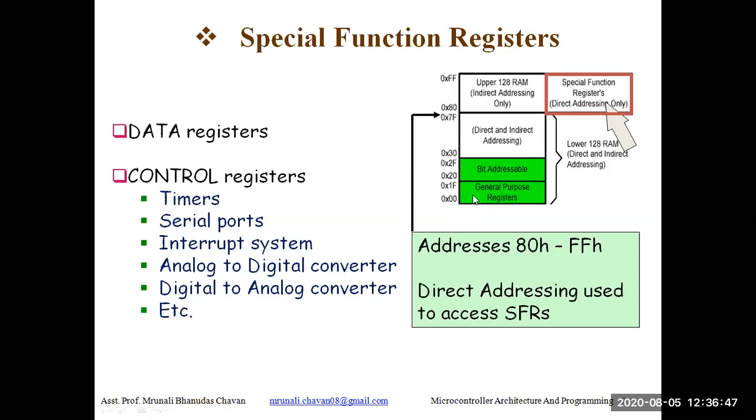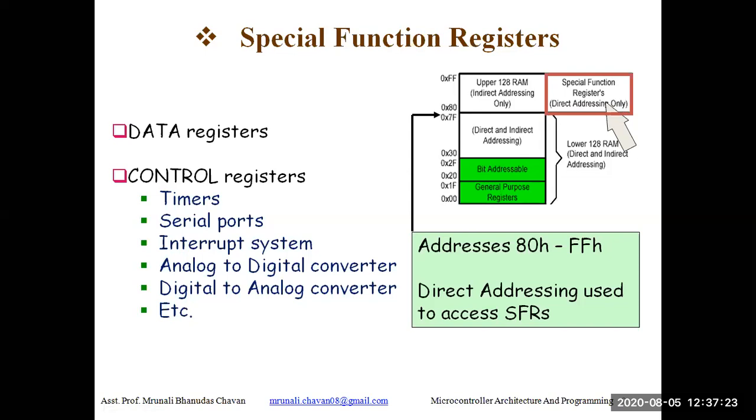They are allocated for general purpose registers, bit addressable area, and general purpose scratchpad RAM. The remaining upper 128 bytes are set aside for special function registers which can be accessed by direct addressing only. The addressing modes we will see when we start the instruction set.